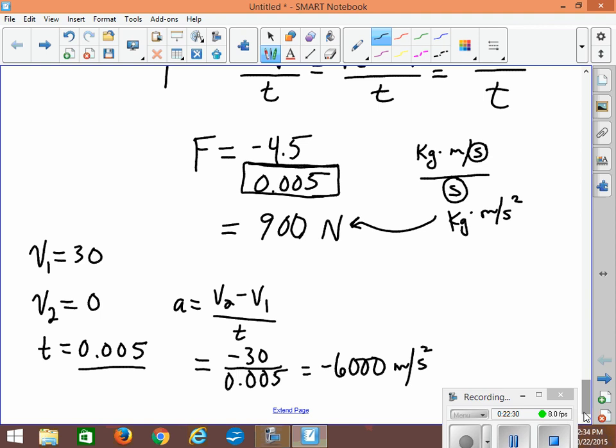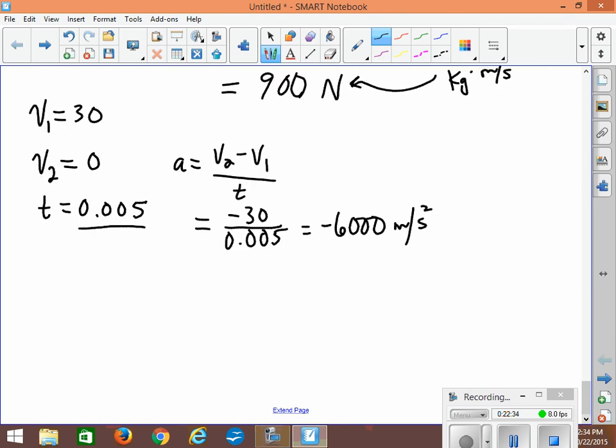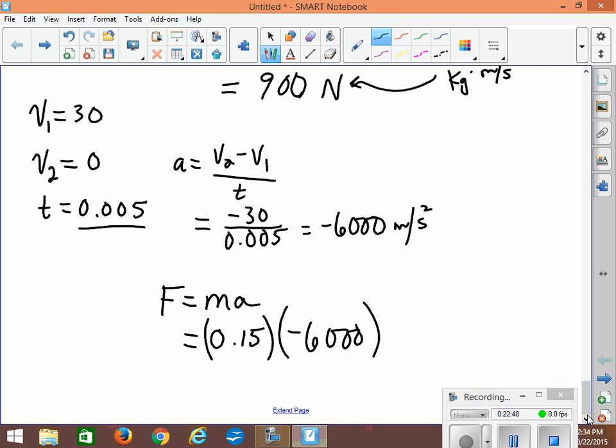Of course it's going to be huge, because it goes from a very fast speed to nothing in a very short time. Now, what about good old Isaac Newton's second law, which says that force is ma? Well, let's see what happens if we put this in here and we multiply it by this negative 6,000. Well, what we end up getting is the exact same number, 900.